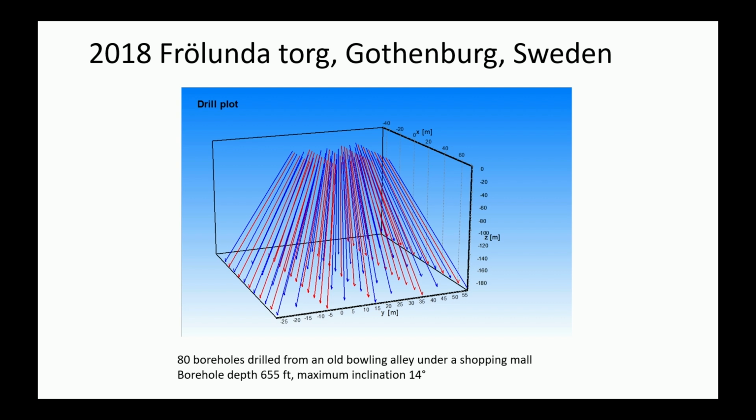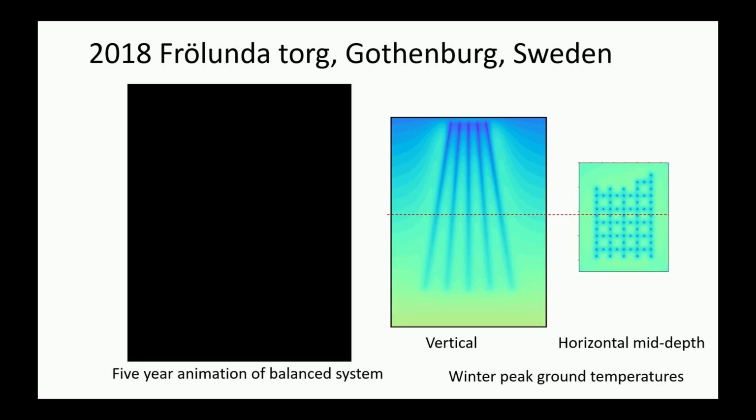Here's another case I just wanted to show. If you look to the right, you can see a vertical view of the temperature field, and to the far right you see a horizontal cross section, and this is the winter peak ground temperatures, and in this case the system is completely balanced.